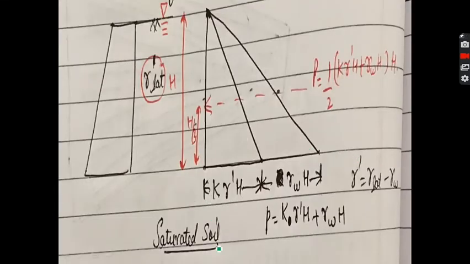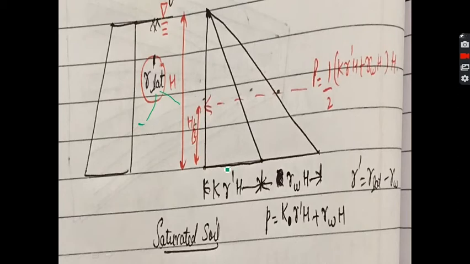Now for the second case, that is saturated soil, the water table is present at the top of the retaining wall, or the backfill is fully saturated with water. In case of saturation, we have two components, that is pore water pressure and the soil.